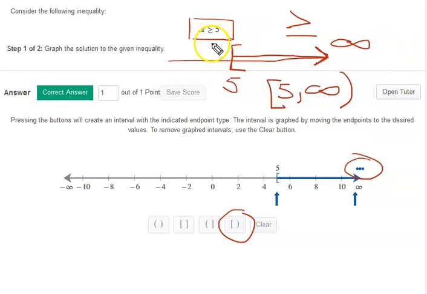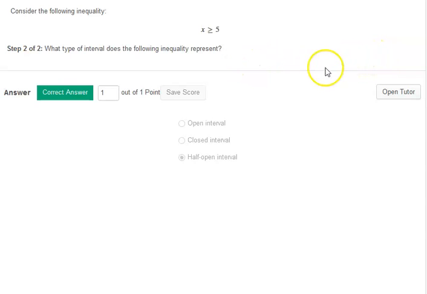Now, here, this is just pretty straightforward because they give it to you in the algebraic notation. This is interval notation, and then this is the graph. And a second part of this is, what type of interval does this show?